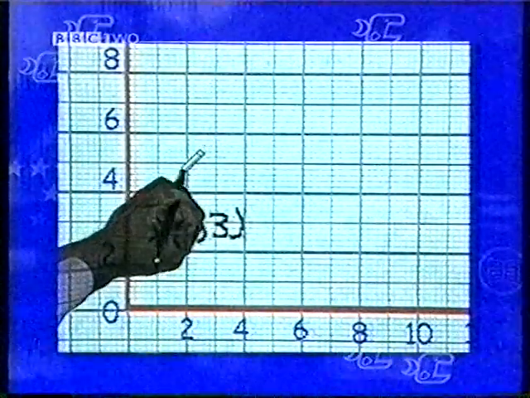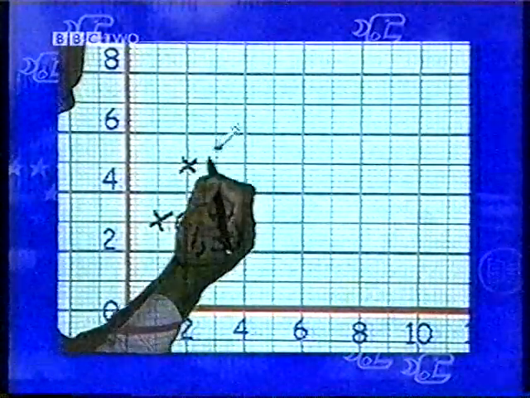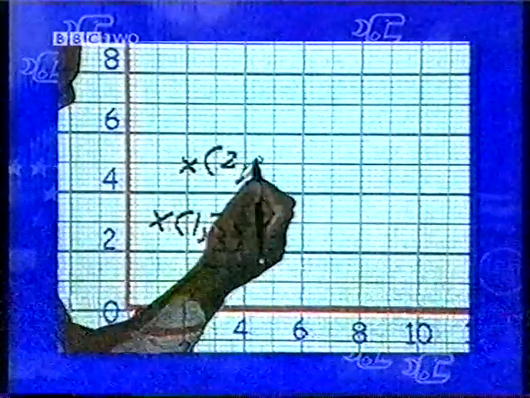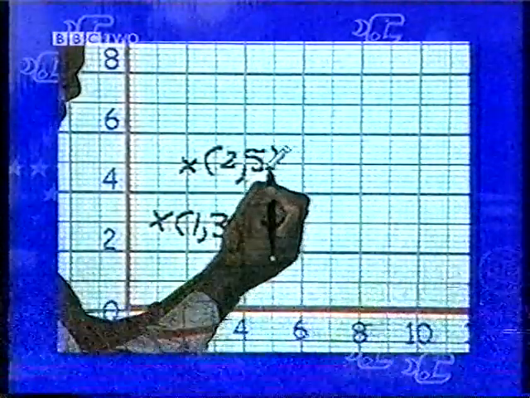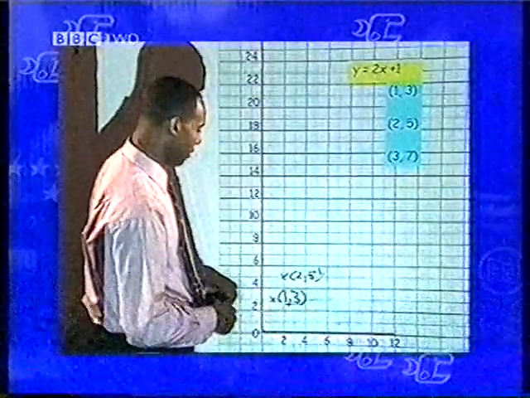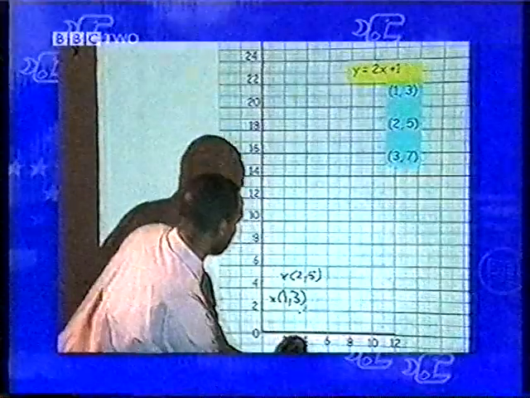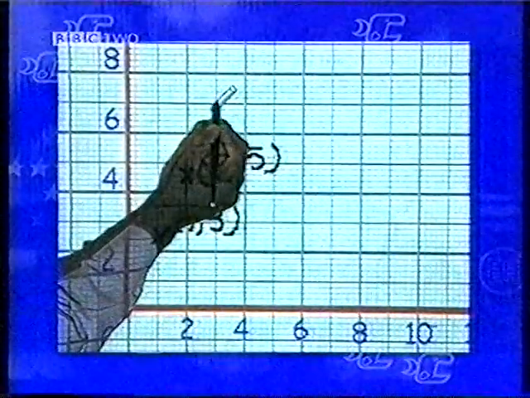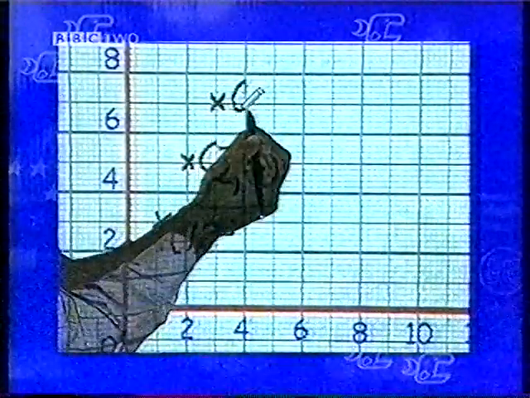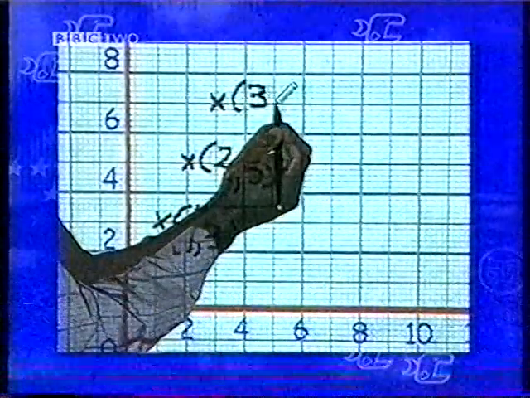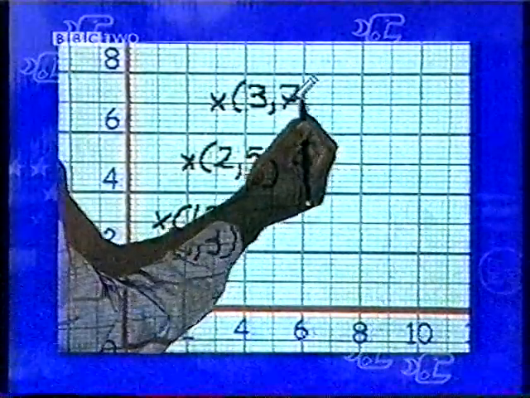Let's mark it and label it. Bracket 2, 5, close bracket. And the third point, 3, 7. 3 on the x and up to 7. That brings us here. Mark it, open bracket, 3, 7, close bracket.